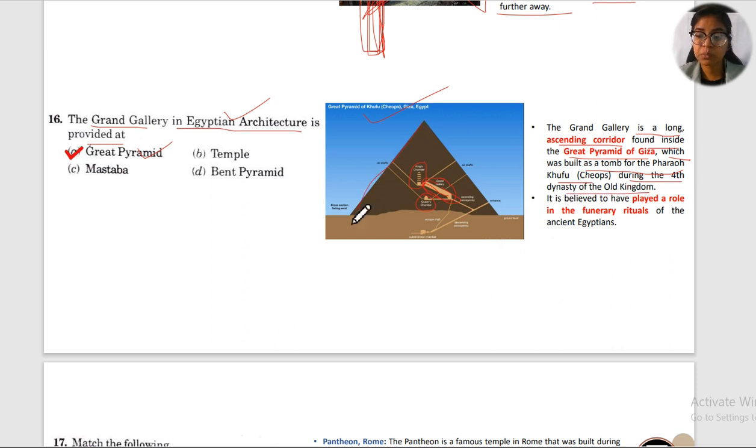So it was built for the pharaoh, the king of the Egyptian civilization, and it is believed to have played a role in funerary rituals. At the time of the funerary rituals, the Grand Gallery used to play a very important role, because of some Egyptian rituals they used to process in these areas. So this is the use of the Grand Gallery.